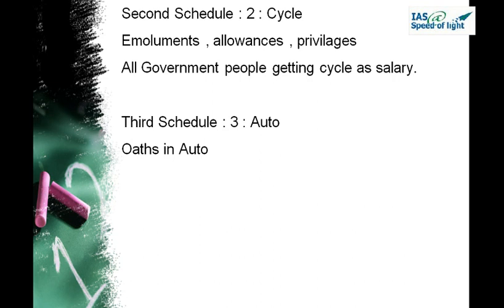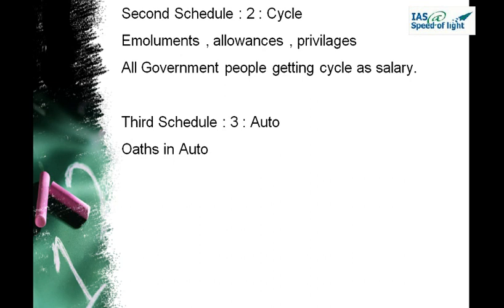So first one was tree, we are writing the names of the states and union territories. Second, now cycle, presidents, prime ministers, they're getting cycle as their salary. Okay, so maybe president is getting 5 cycles in a month, or prime minister is getting 2 cycles in a month. So that is how now government has started giving salaries.